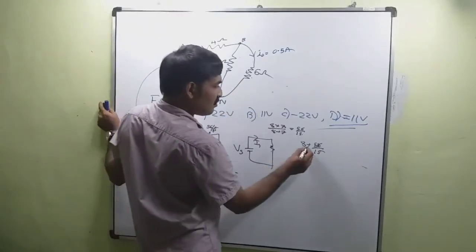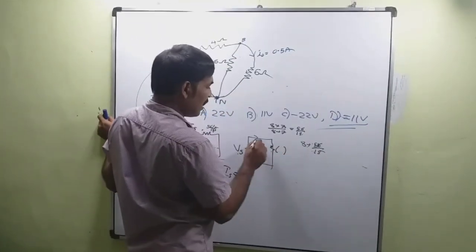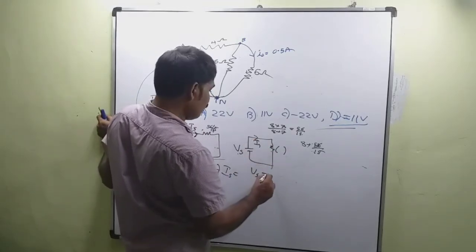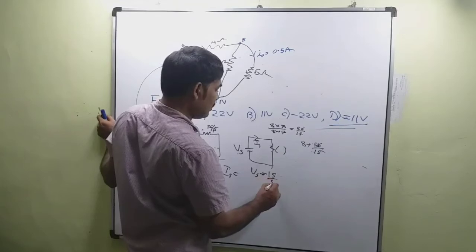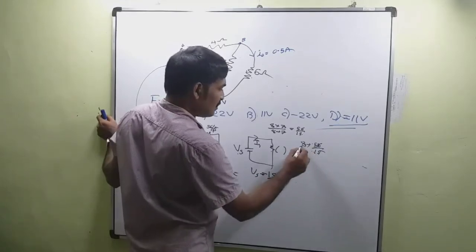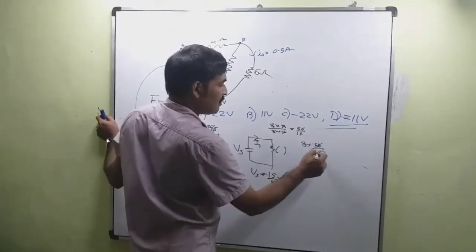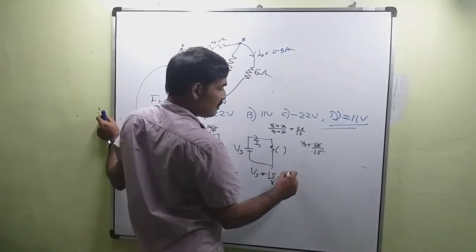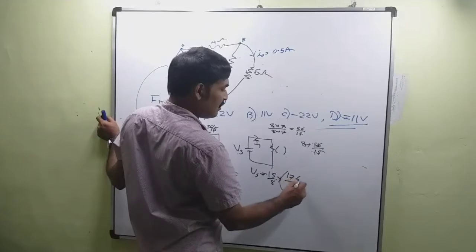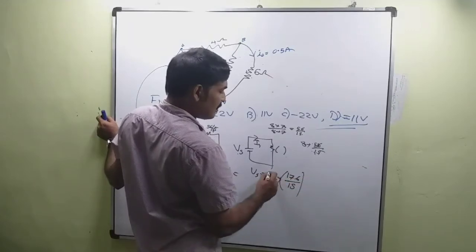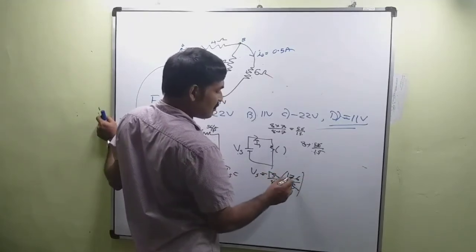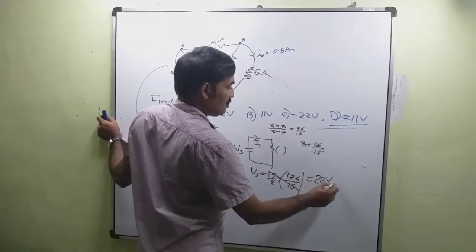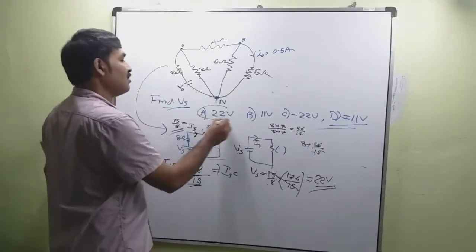That is, Vs is equal to IS times that, which is 15 by 8 times this. 8 × 15 is 120. 120 + 56 is 176, divided by 15. This 15 gets cancelled and it's 176 by 8, that is equal to 22 volt. So A is our solution.